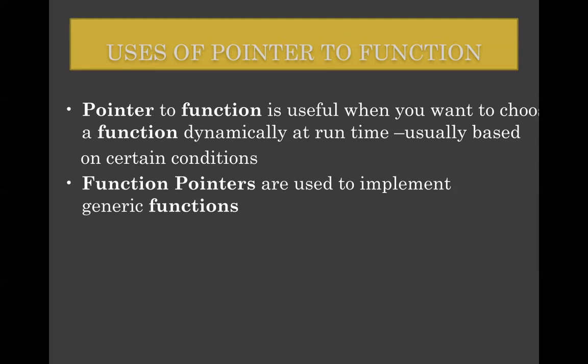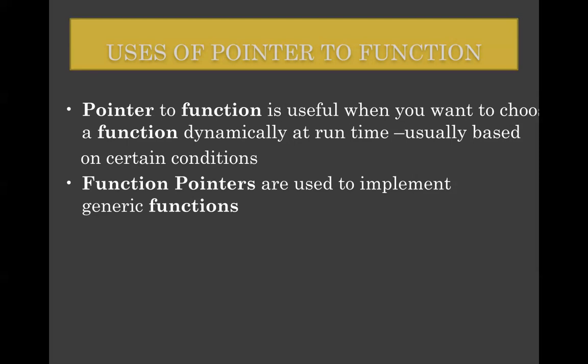So the first thing is that a pointer to function can be used to choose a function dynamically. For example, if you want to choose function A if x is true, or function B if y is true, all this dynamic selection of functions can be done using a pointer to function.